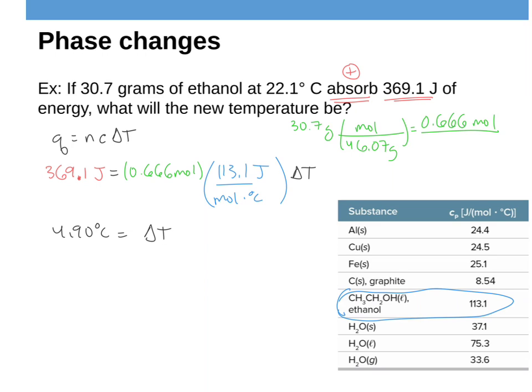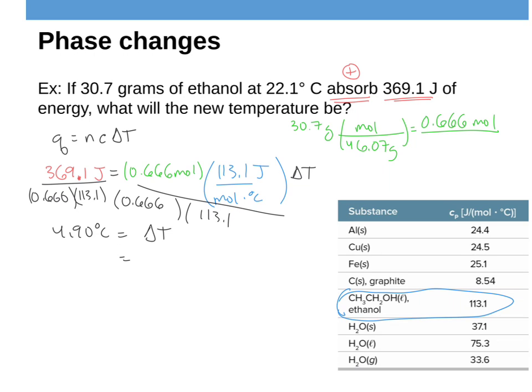What I basically did was I just divided by 0.666, and I divided by 113.1 on each side. All right, just your basic algebra stuff. So I just divided both sides by those, so I was able to isolate my delta T.